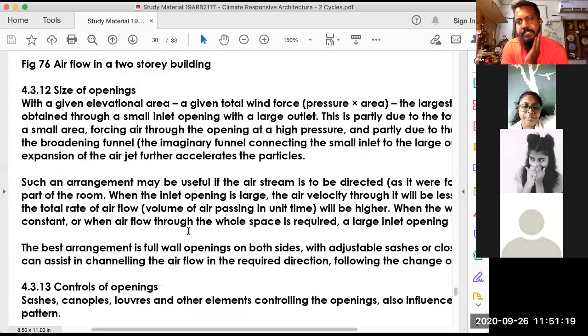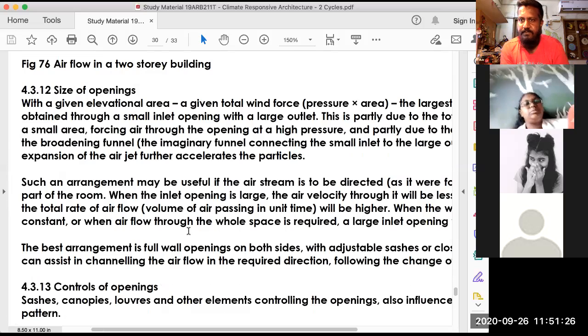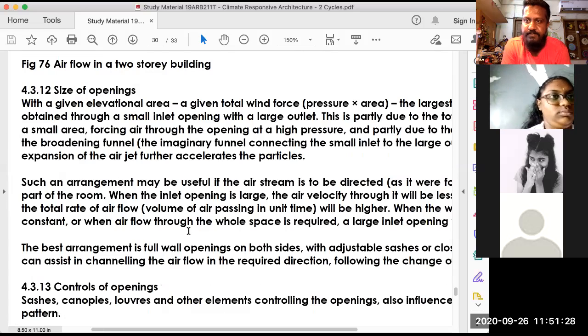Now, size of openings. You guys know what a Venturi effect is? Have you used a water hose to clean something, clean a floor, clean a bike, or water a garden? Yes, sir.